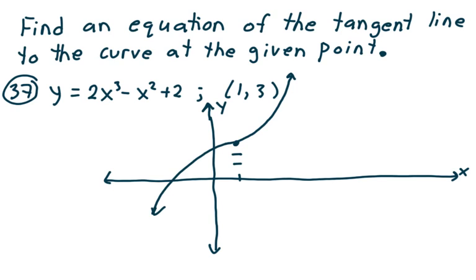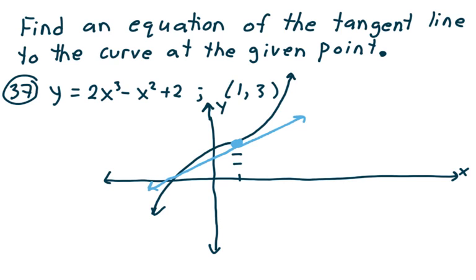Okay? For sake of argument, we'll say. Now, here's what we have. We have the ordered pair 1, 3, and I'm going to use blue. Now, we're going to draw a line that's tangent to the curve at that point. Okay? Tangent, essentially, it touches at that point.